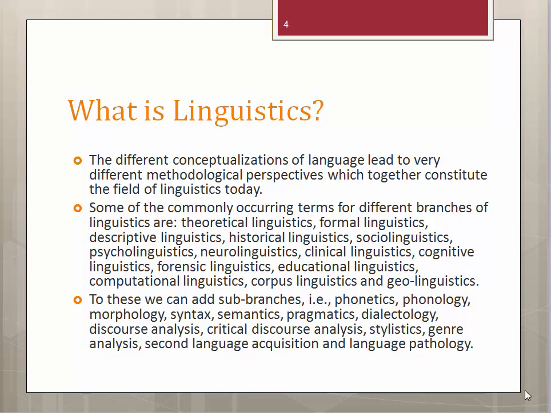Some of the commonly occurring terms for different branches of linguistics are theoretical linguistics, formal linguistics, descriptive linguistics, historical linguistics, sociolinguistics, psycholinguistics, neurolinguistics, clinical, cognitive, forensic, and educational linguistics, computational linguistics, corpus linguistics, and geolinguistics.